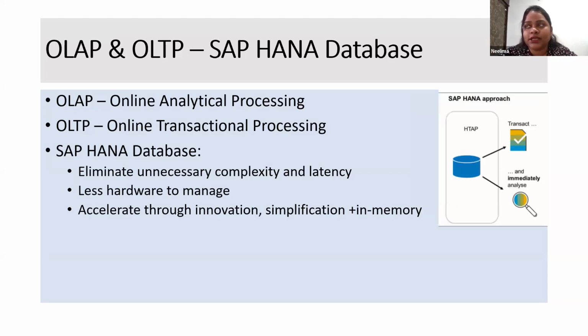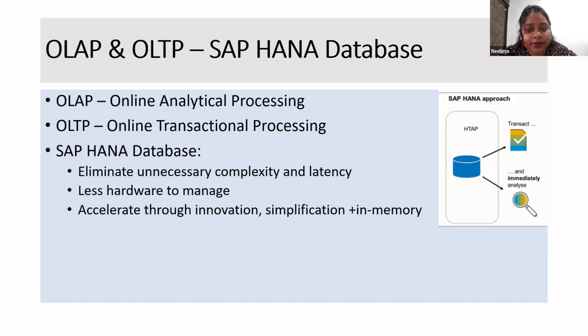Now let's see OLTP and OLAP in the S/4HANA database, and how things were dealt with when the HANA database was introduced. Okay, in traditional systems, as I already mentioned, OLTP and OLAP were separated, which created complexity and delays. With the SAP HANA database, this complexity is eliminated. HANA combines both transactional and analytical processing into one single platform because it works using in-memory technology.